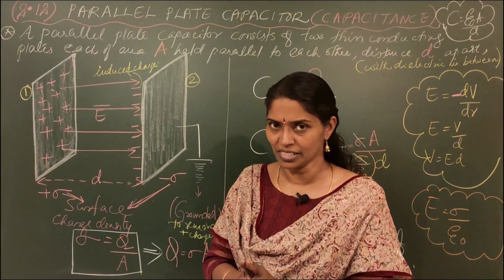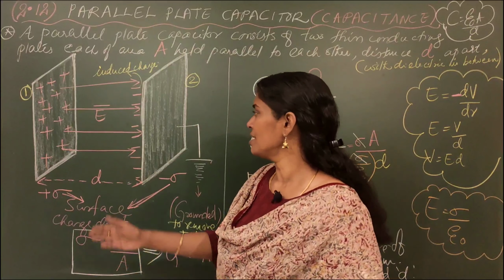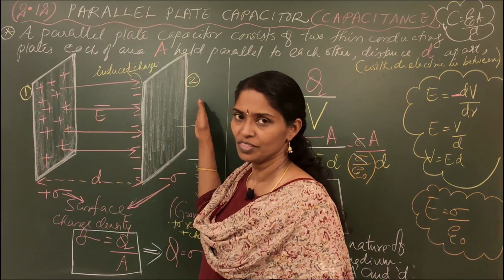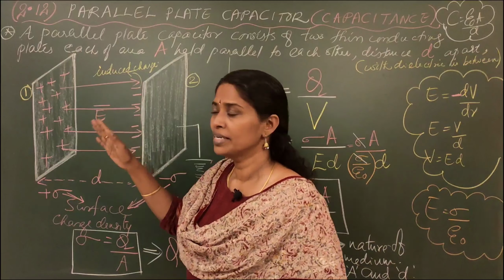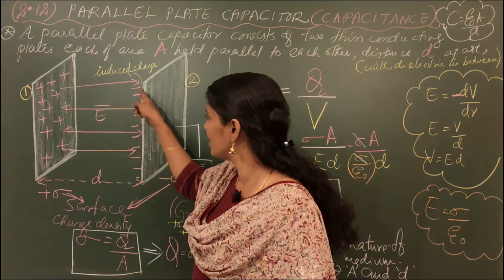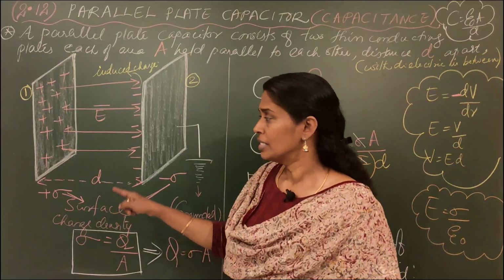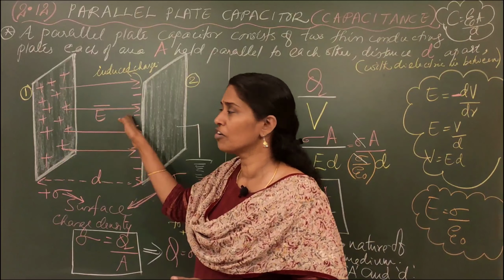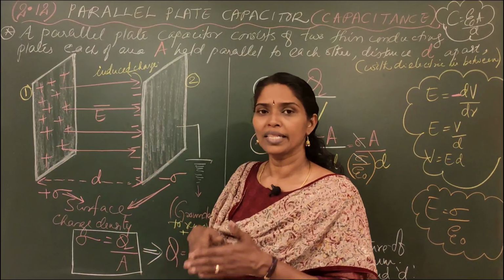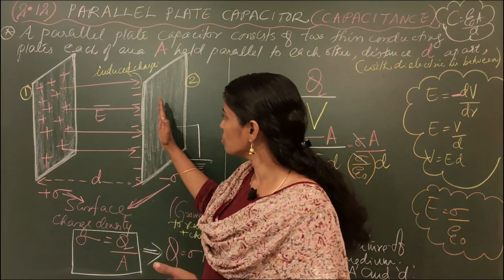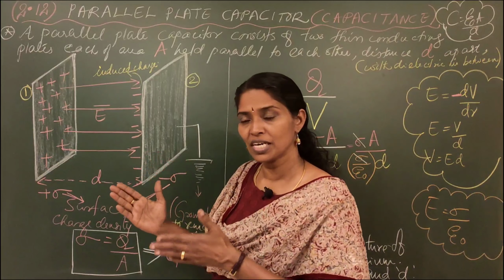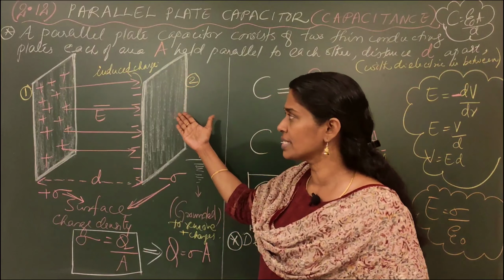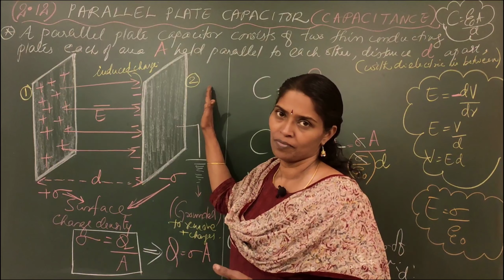Due to induction, the inner side of plate 2, which is facing plate 1, gets negatively charged. Why? The free electrons are attracted to the inner side of plate 2, and at the same time the positive charge is repelled by the positive plate and comes to the outside of the second plate.